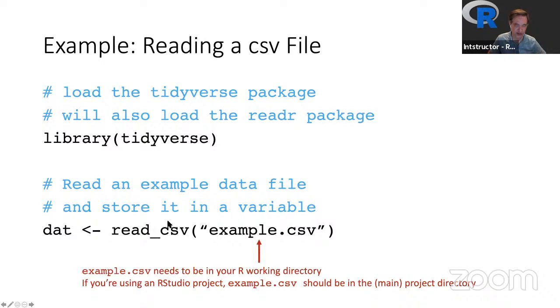Essentially, if you make an RStudio project and you have a file called example.csv sitting inside of that directory structure, you can call this function read_csv, and then assign that to a variable, and then you have a data table that you can work with. Okay, so that's the high level idea here.